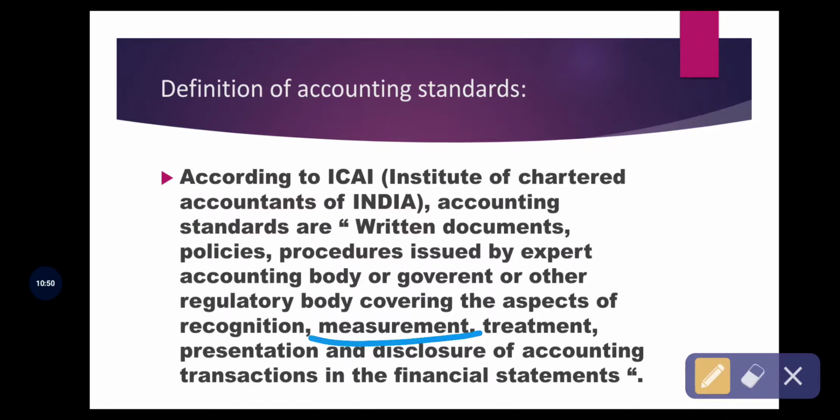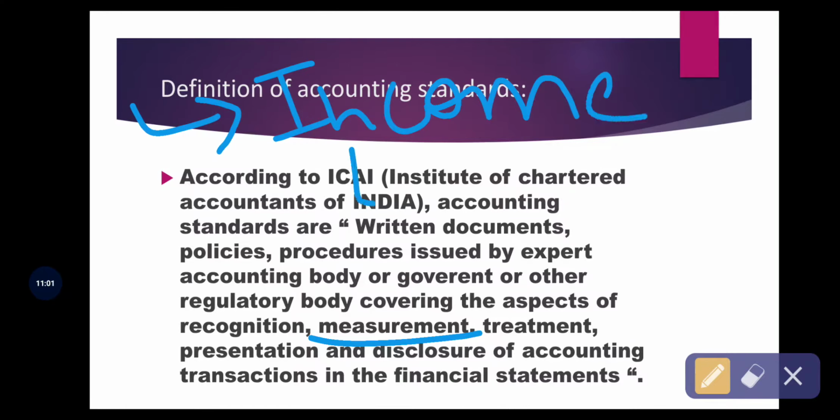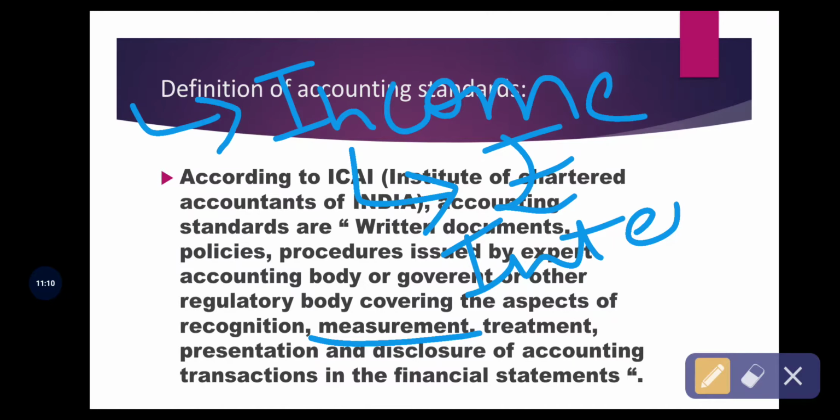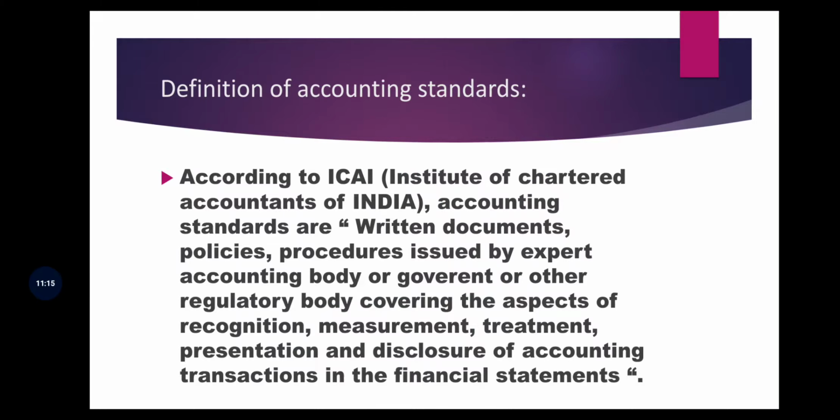Next is measuring. After you have recognized and identified a transaction, for example an income or a profit for your company, the next thing is you have to measure it in terms of money, in what percentage it is bringing profit for your company. That is called measurement. Next is treating. After we have calculated a value, we need to know where we should put it in the financial statements.